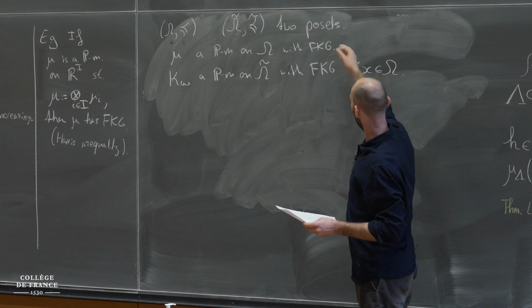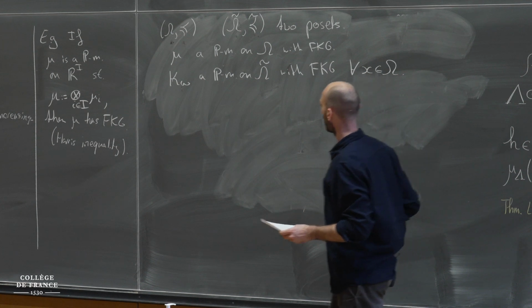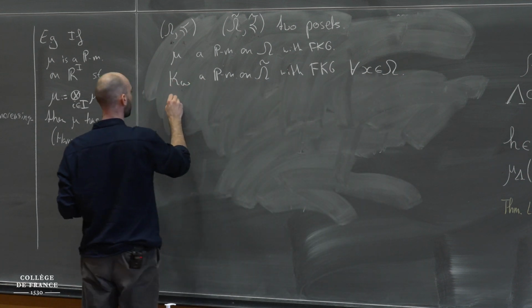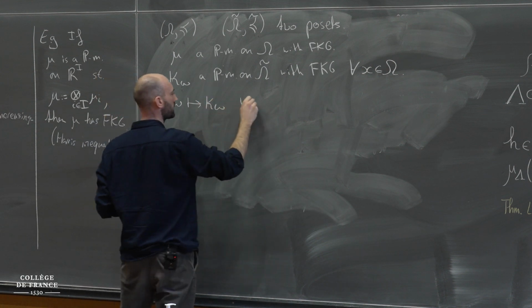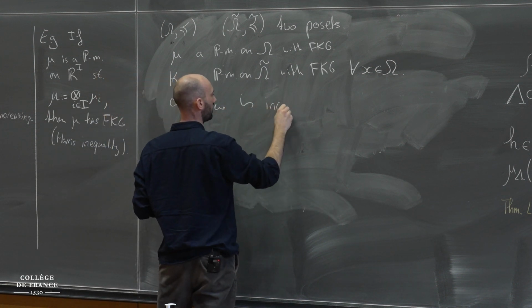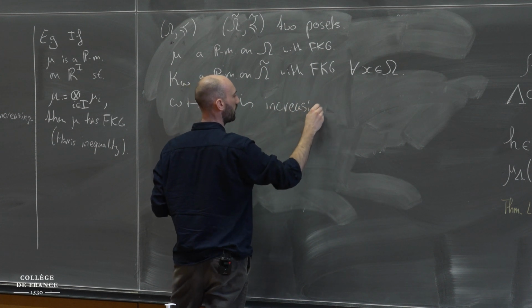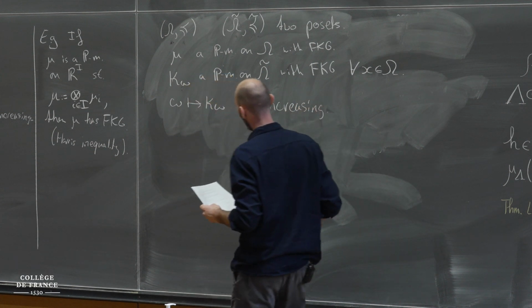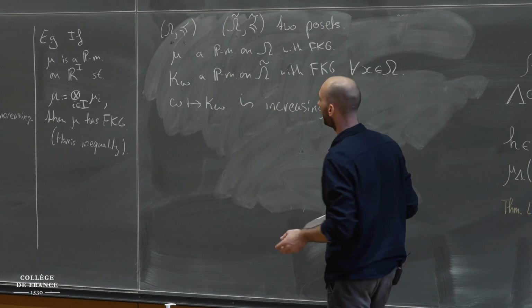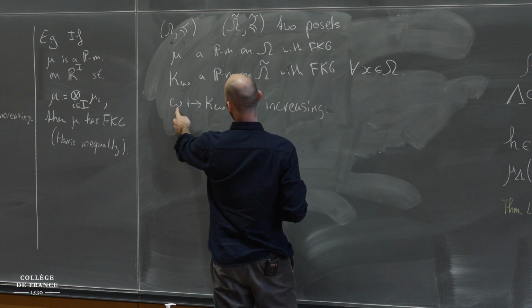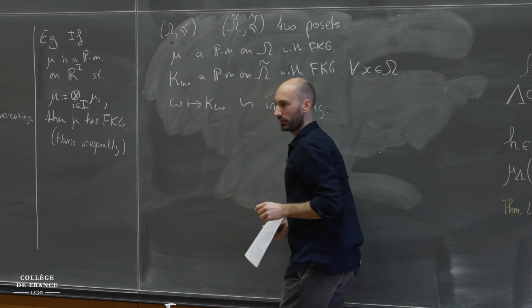So both measures have FKG, but we need one more relation. We want that this map is increasing. Of course, for it to be increasing we need an ordering on both sides. Omega belongs to a partially ordered set.